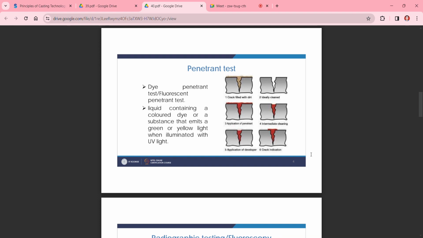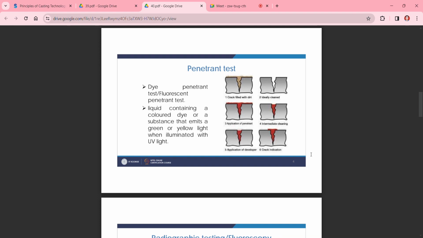You are from a mechanical background, so you have not read about rare earth materials. When we talk about rare earth materials, they illuminate with different colors under UV rays. So you can go with a dye having something like that.